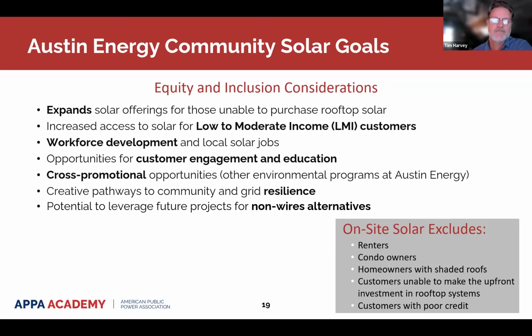Creative pathways to community and grid resilience. This is something that we're really working on right now, especially in the aftermath of Uri and these recent events that are causing grid disruptions. So we want to find creative ways to use solar and co-located batteries to provide resilience in the community.